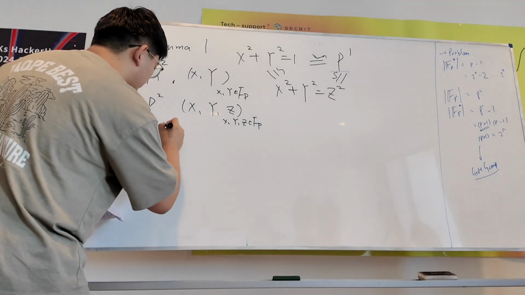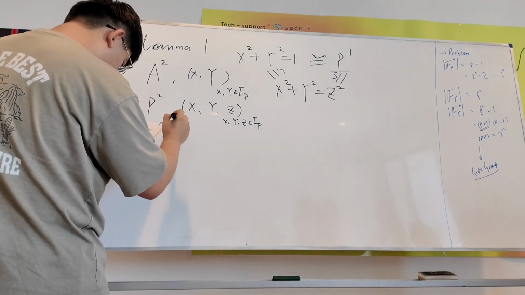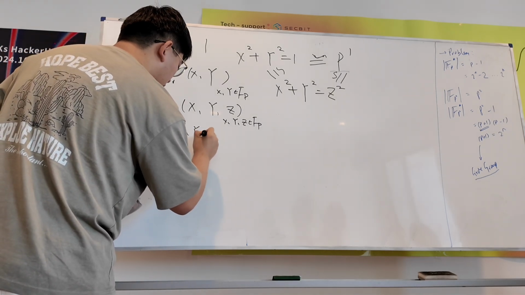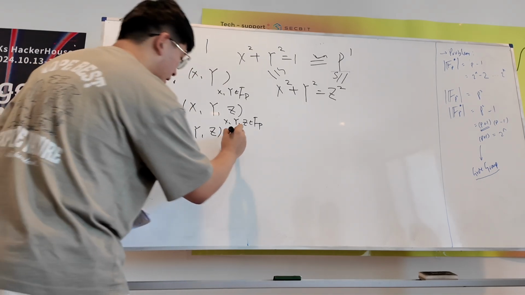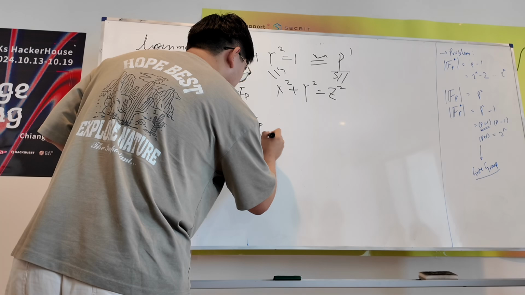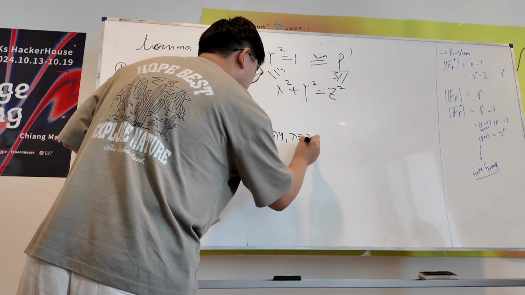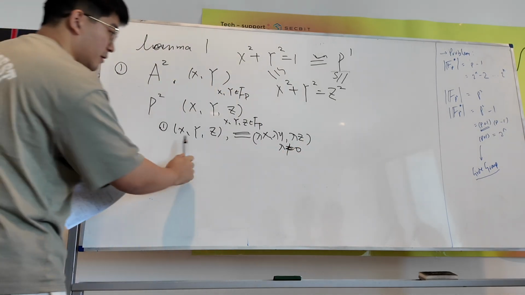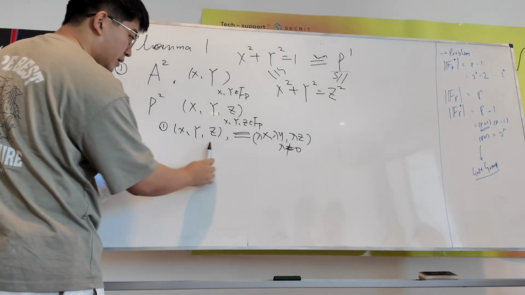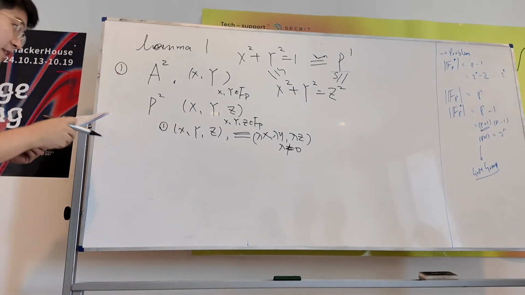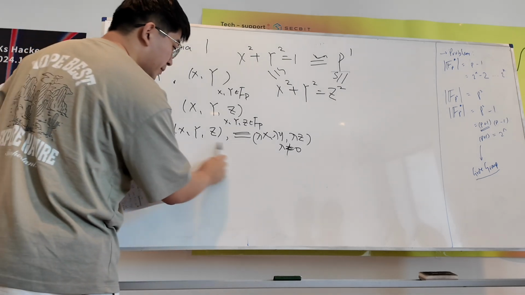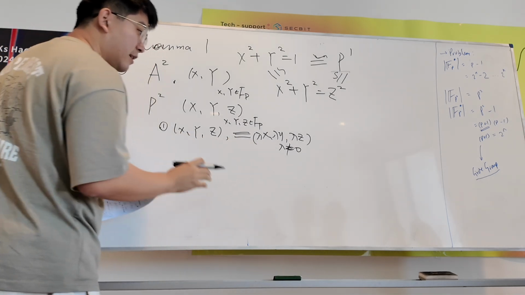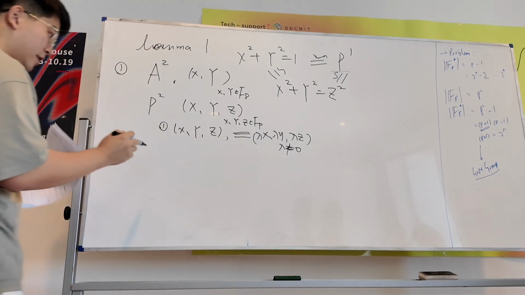The first one is we can multiply with the lambda. We think of these two forms of point as equivalent, and we think they are the same point.